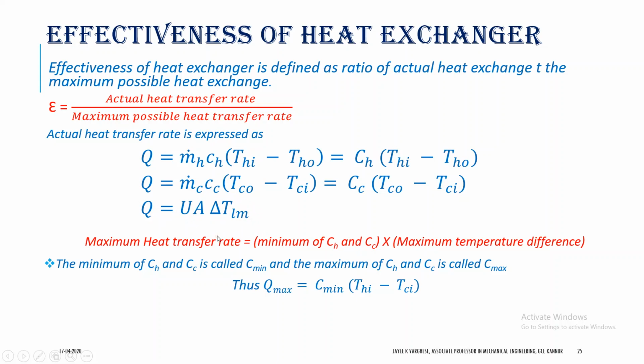Now, what will happen if we don't know this value of LMTD? We cannot calculate it, because it can be calculated only if we can calculate the outlet temperatures also. In that case, the analysis of the heat exchanger using the LMTD method will be an iterative procedure, which is a very tedious way of calculating it.